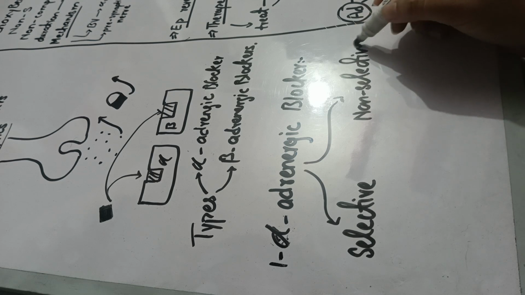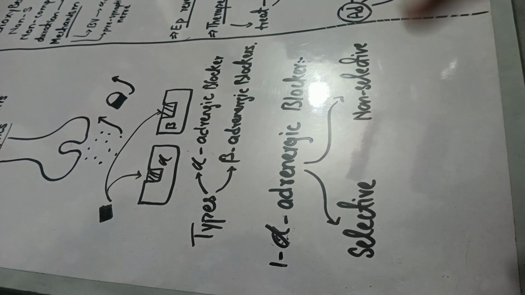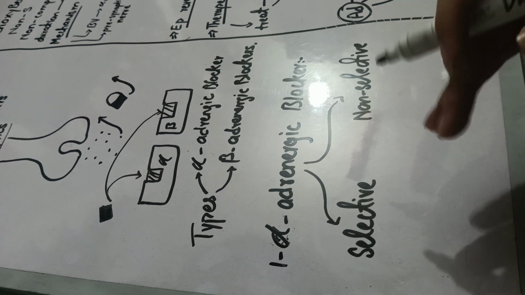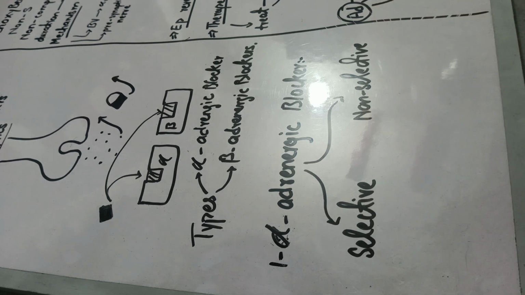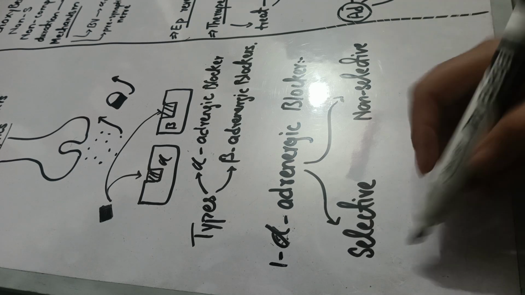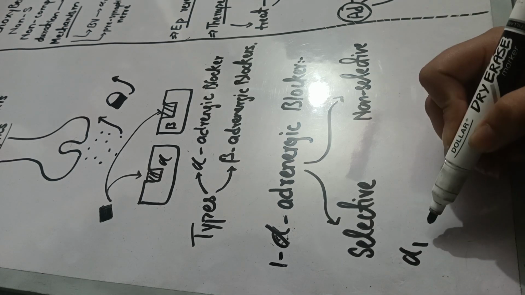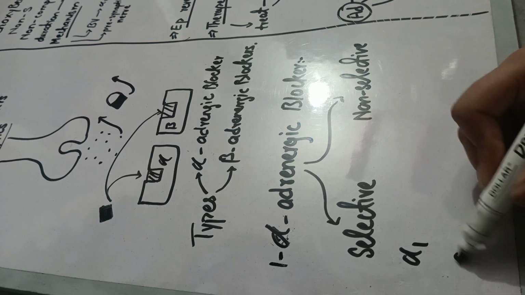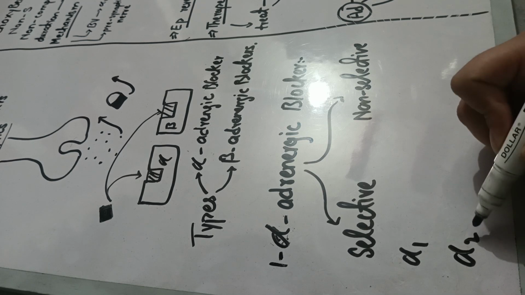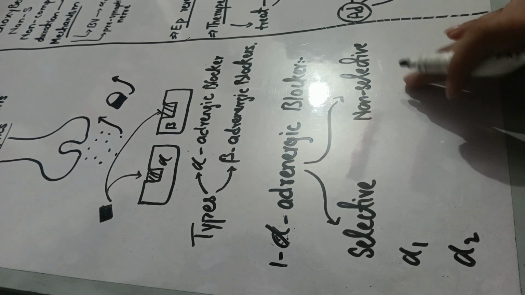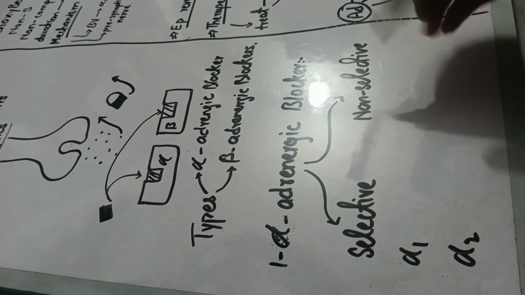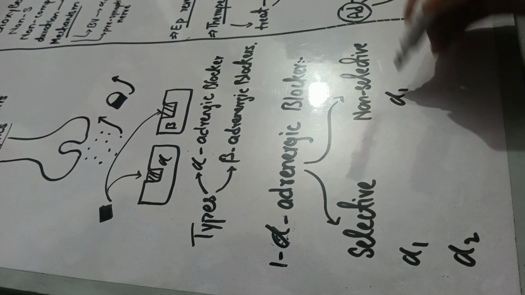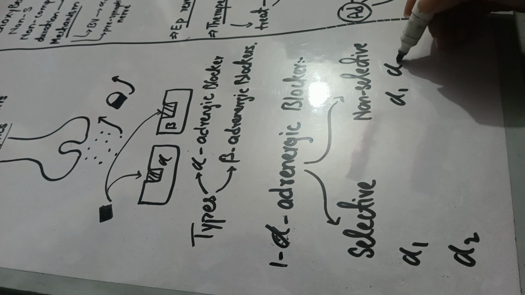The word selective means that they will selectively bind with alpha 1 or alpha 2. So there are some drugs which only bind to alpha 1, and there are some other drugs which only bind to alpha 2. But non-selective drugs are those which can bind with both. They can bind with alpha 1 as well as alpha 2.